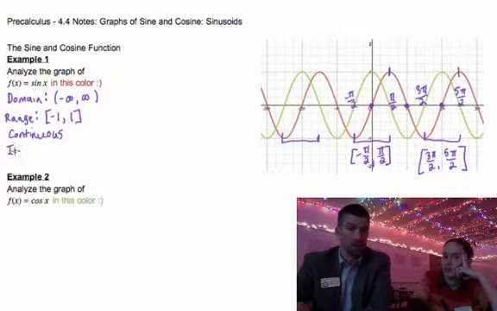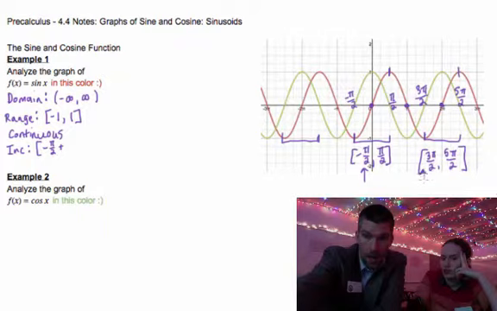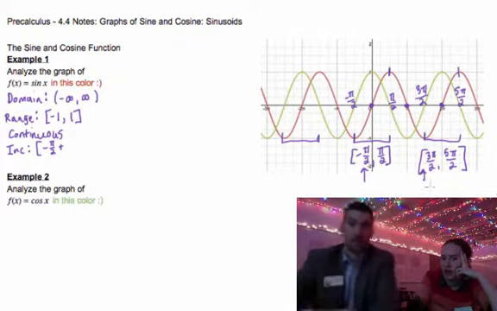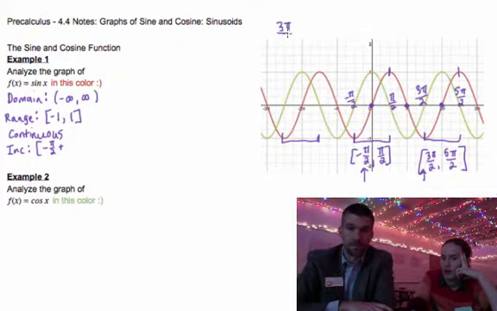So what we would do for increasing is we would say, well, if you take negative pi over 2 and you add, how far apart is the starting values? Pi over 2 and 3 pi over 2. Is that a pi? I believe that's a pi. Those are pi apart because what we can do is we can subtract them. 3 pi over 2 minus a negative pi over 2.